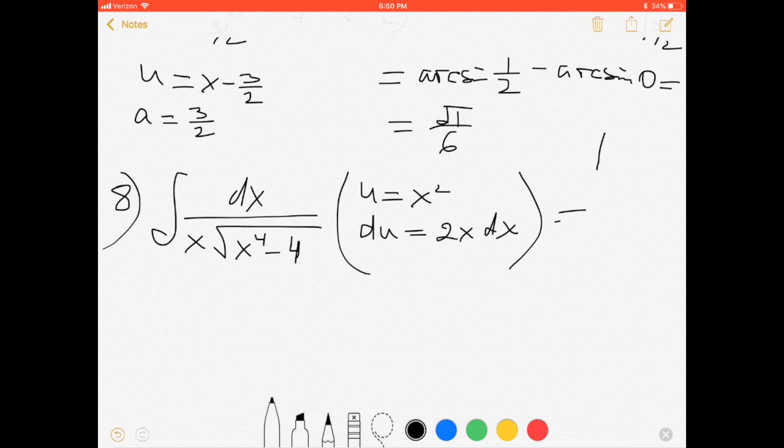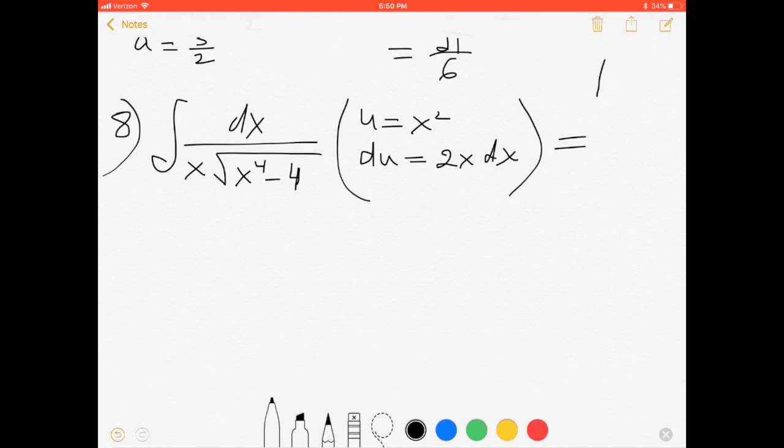Great. Now we need to prepare our integral for plugging in our new variable. What do you have here? I need 2x dx. Great, I write 2x dx. But what does it mean that I write 2 here? I can write 1/2 in front of my integral, it's no problem. But what about x?